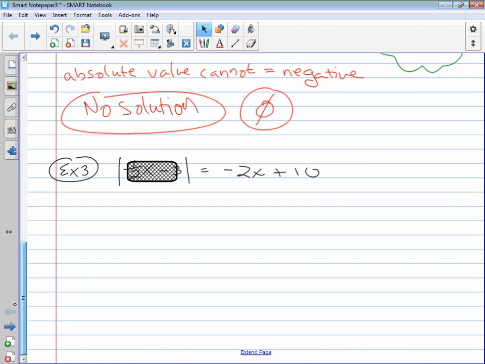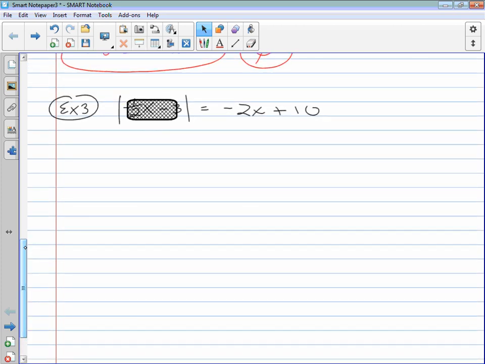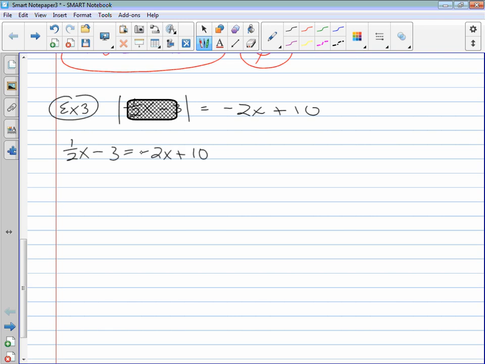So, what's behind the mystery box could either equal negative 2x plus 10. Sure. So we said it was 1/2 x minus 3. It could equal that. Or what's behind that mystery box could equal negative that.